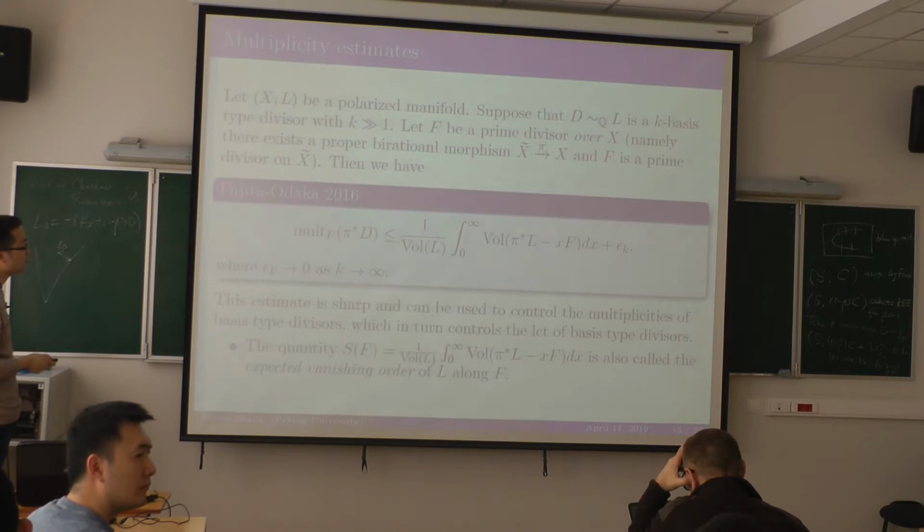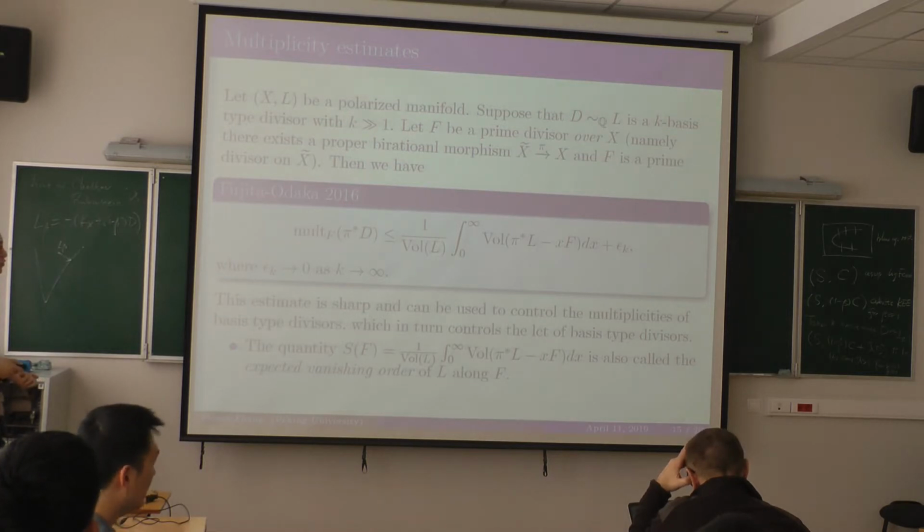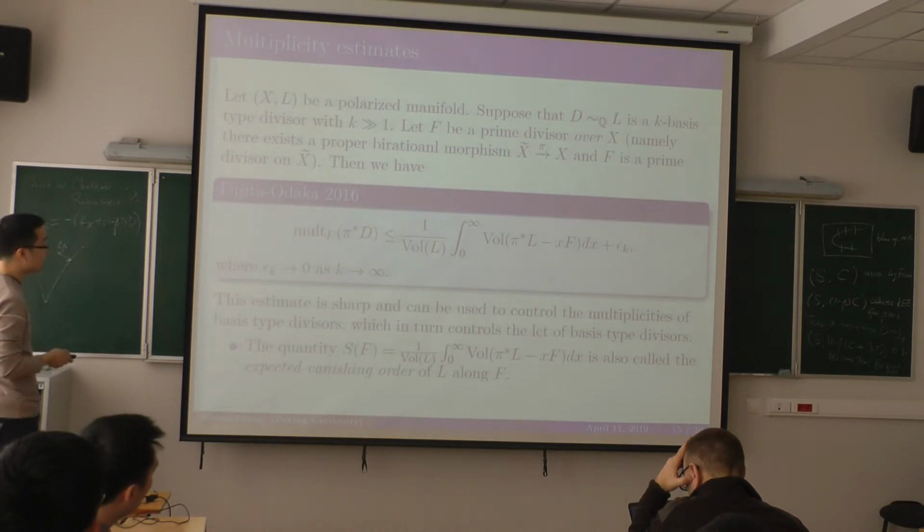If we want to compute the volume of a non-nef divisor, we have to subtract some negative divisor. We use Zariski decomposition to replace the line bundle by some nef line bundle, and then we compute the volume. But I think this is standard.